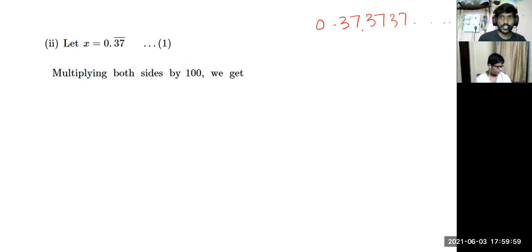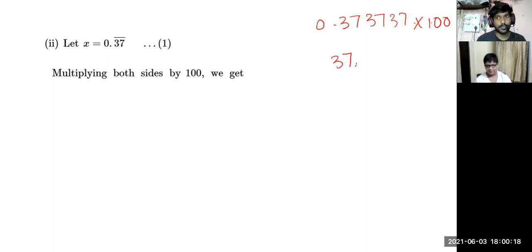So this is multiplied by 100. What will you get? 100 means you should shift the point by how many places? There are 2 zeros. Look at the number of 37.